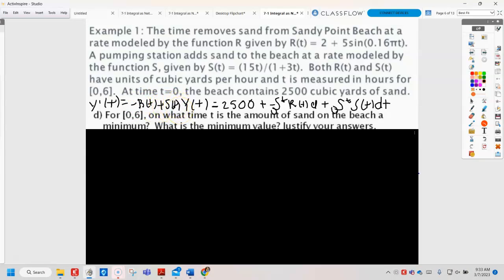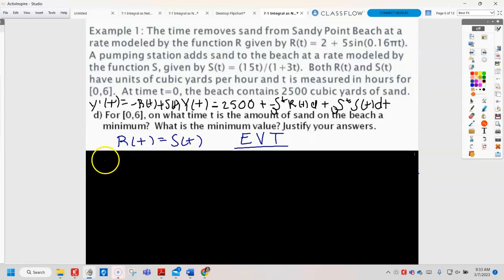And then to get a min or a max, your derivative has to be equal to 0. So then I need essentially r of t to equal s of t. And everywhere r of t equals s of t is a potential minimum, as well as where we started and where we ended up.